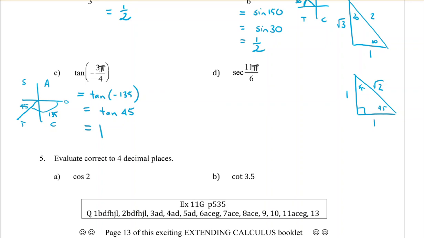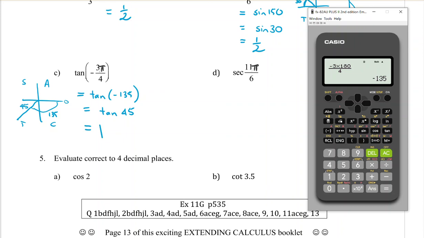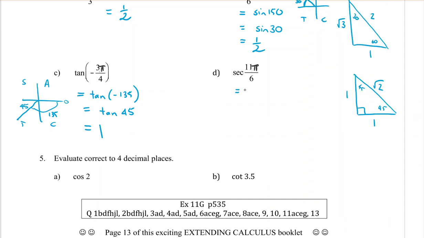And for D, last one of these, sec of 11 pi over 6. First of all, what is 11 pi over 6 in degrees? So we do 11 times 180 over 6 equals 330 degrees. Now, sec is not a trig function that we have exact values for, so we need to change that to the 1 over form.